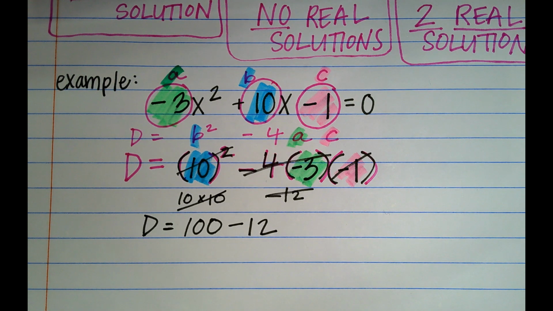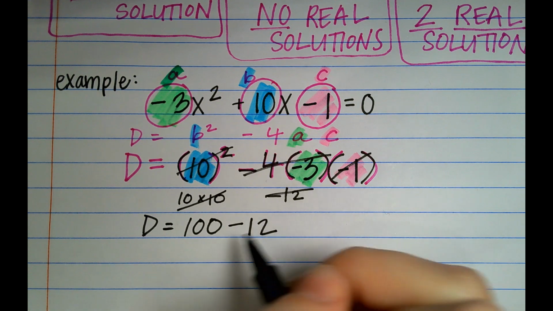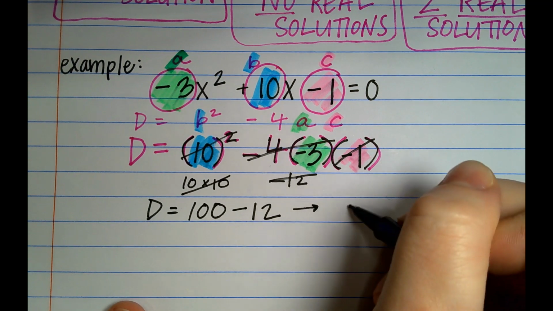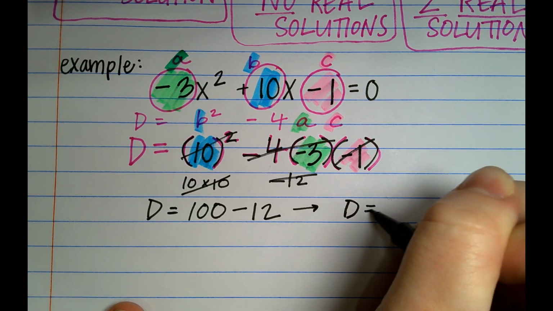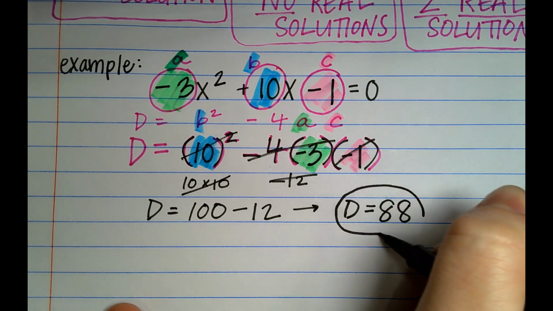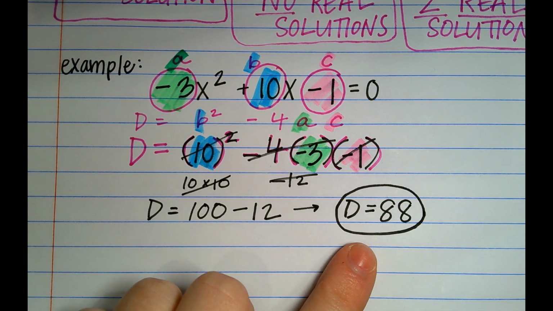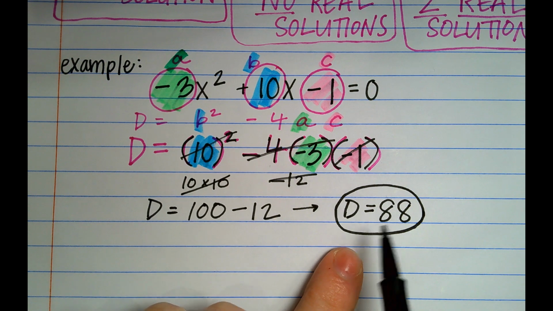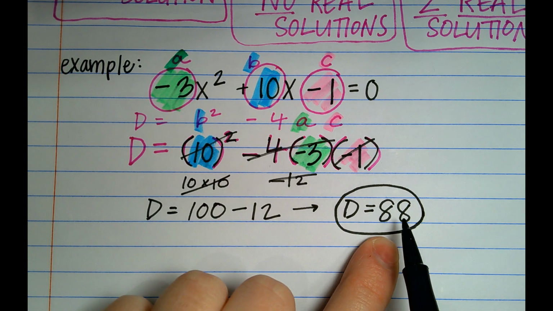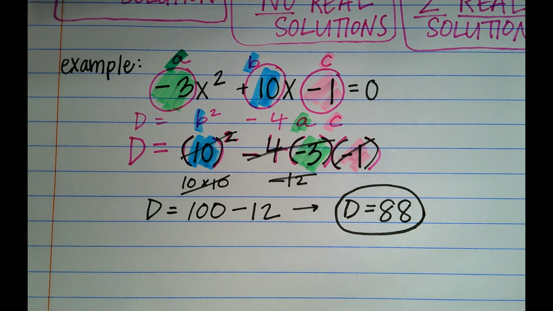Okay, and what's my last step? Equals 88. 100 minus 12 is 88. So the discriminant is 88. This means that whenever I solve this equation, 88 will be the number that is underneath the square root.